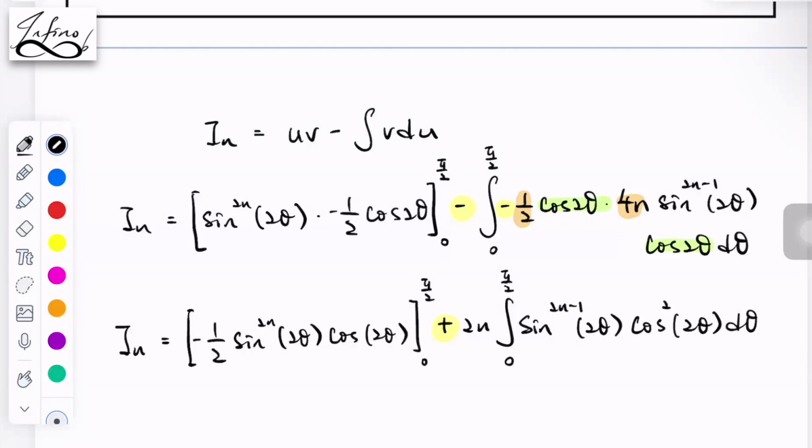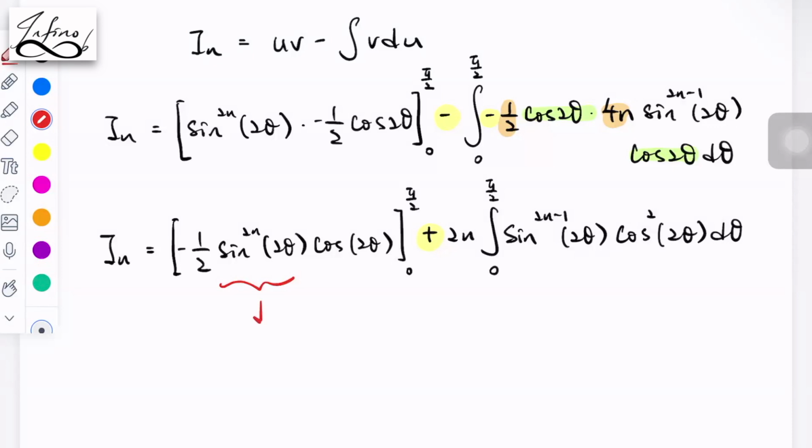And that's why, if you can imagine the first part, when you do the substitution, what you will get, try to have a thought process here. If you substitute pi over 2, then this one will be 2 times pi over 2, so you will have something like sine pi.